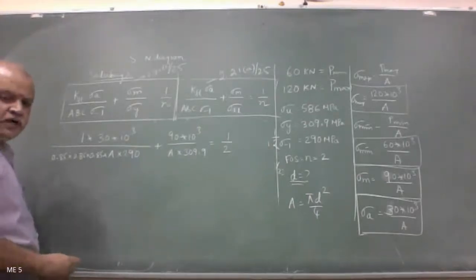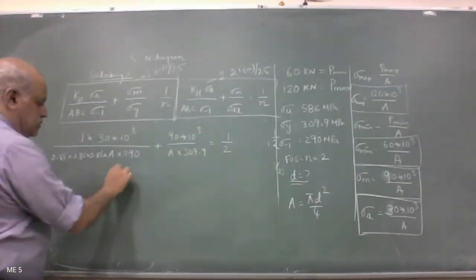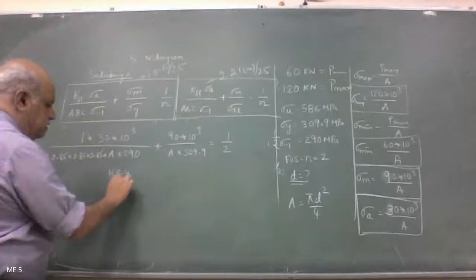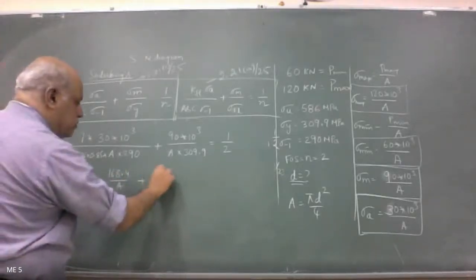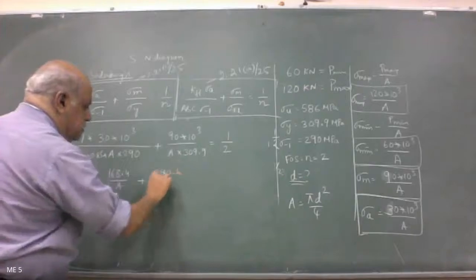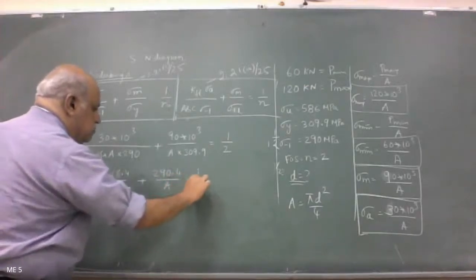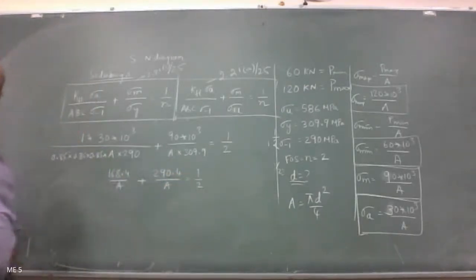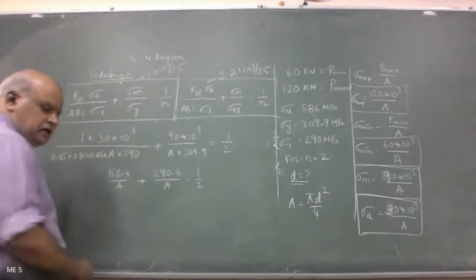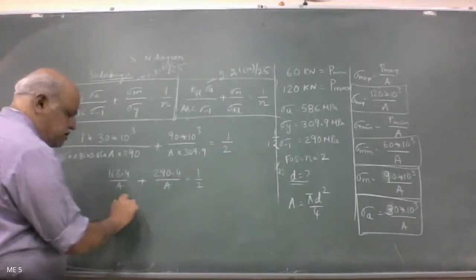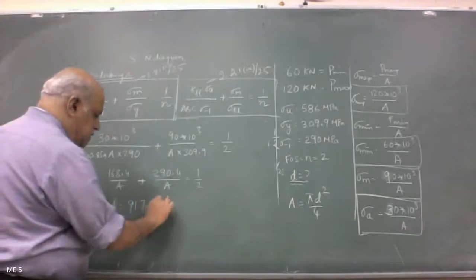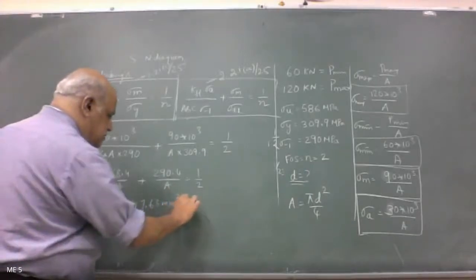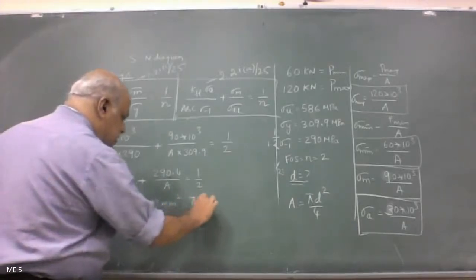So further simplifying, what I got is 168.4 by A plus 290.4 by A is equal to 1 by 2, and then from there I get A is equal to 917.63 mm square, that we equate to pi d squared by 4.